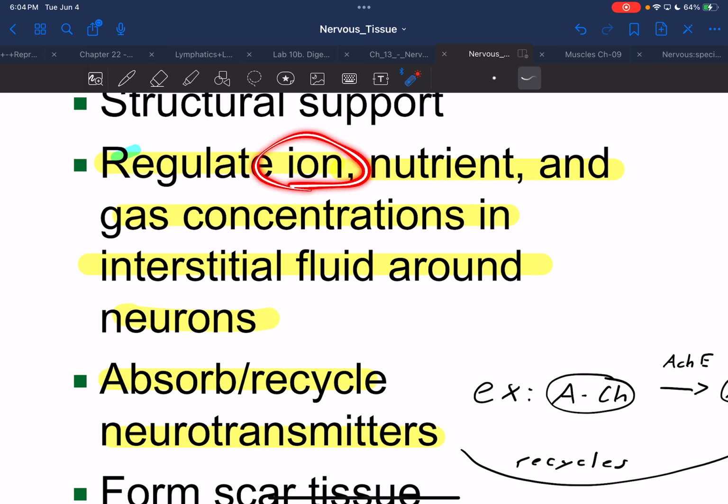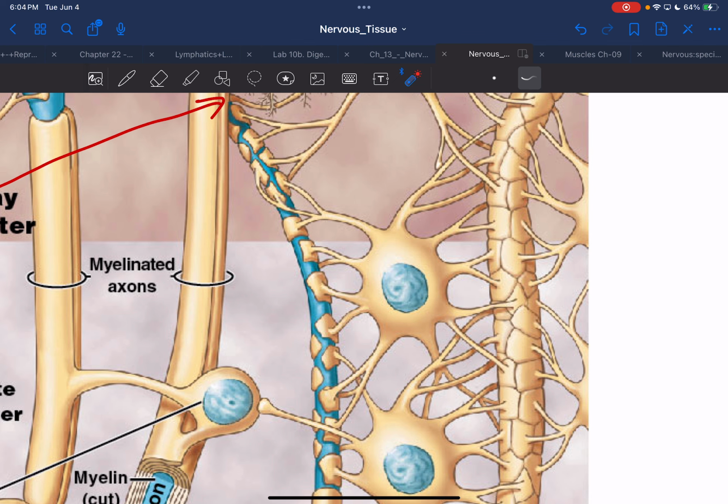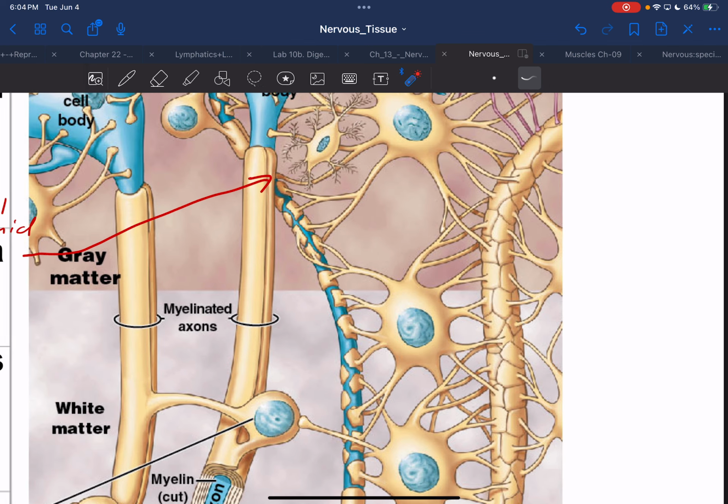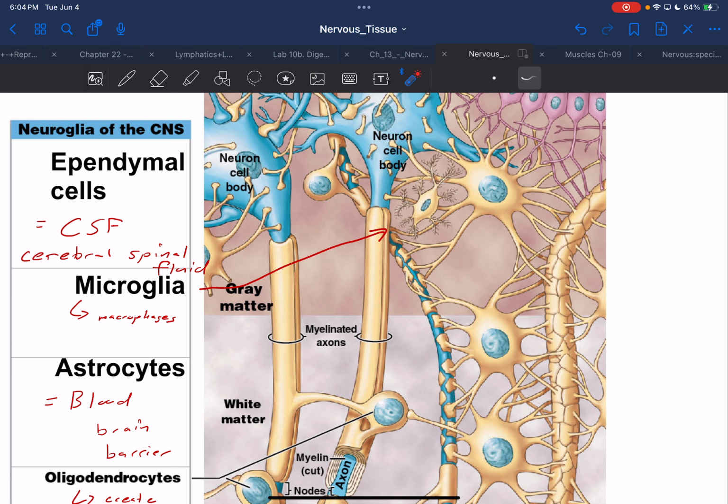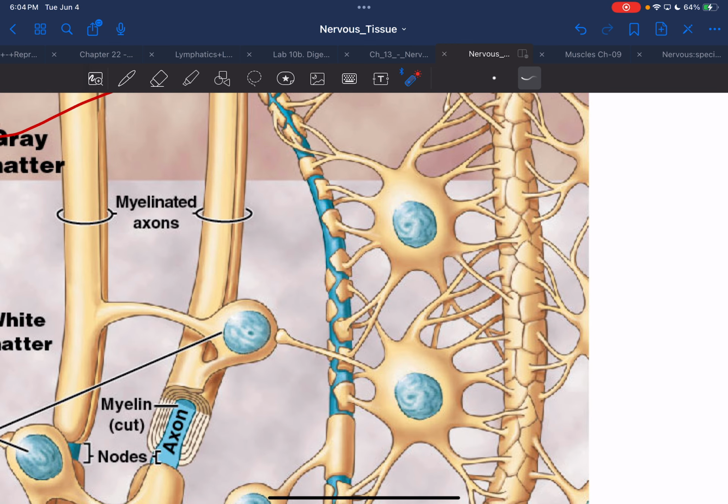Easy. All the things that plasma has: ions, nutrients, gases. And so those things are regulated closely by the astrocytes, and they don't just let anything in, they only let the things that your brain needs, because they know that if they let in the wrong things, it can kill the brain. So they only allow the essentials in.